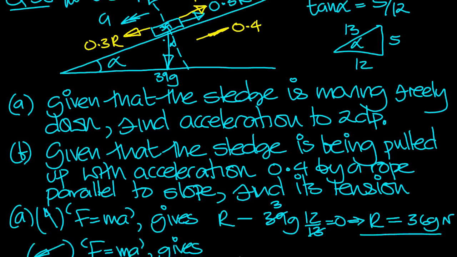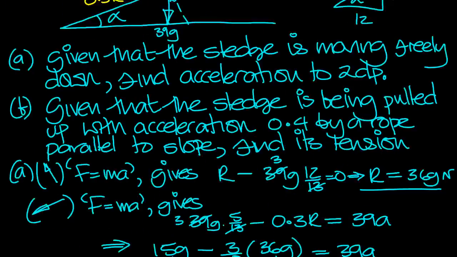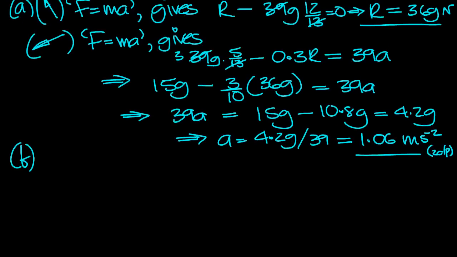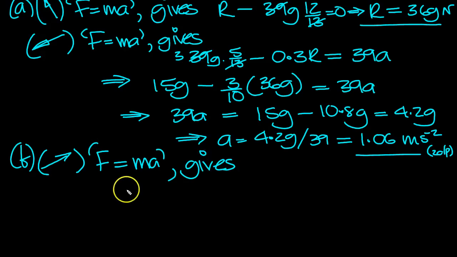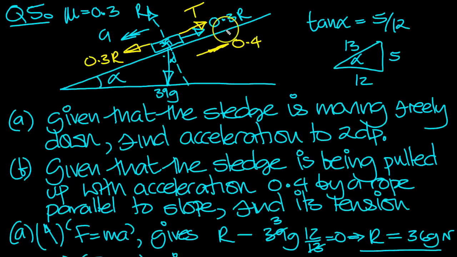So for B then, bearing those thoughts in mind from the picture, let's resolve the forces in that direction up the slope and apply F equals ma. That gives the tension in the rope minus the resistance force, which we said was 0.3 R, minus the weight component, isn't it? So let's go back.